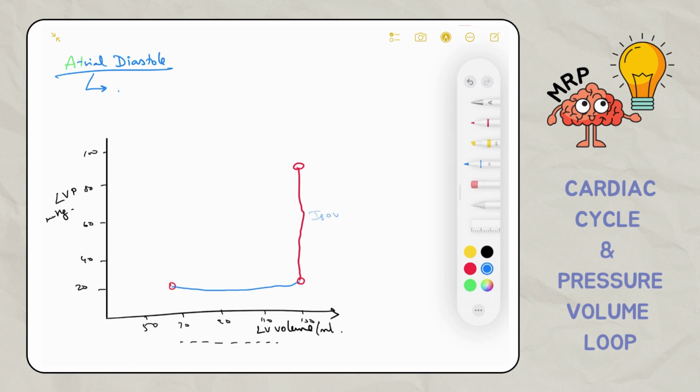Then the isovolumetric contraction is over. Now the pressure is high enough to open the aortic valve. Once the aortic valve is opened, there will be a rapid ejection phase where the blood goes inside the aorta. At one point when the pressure drops, the aortic valve closes.